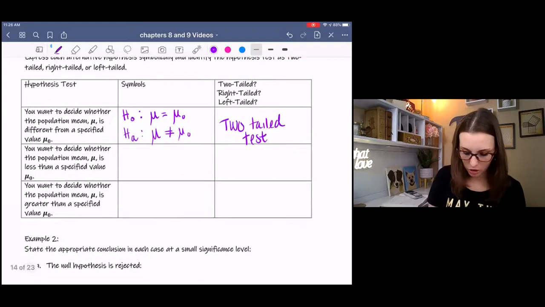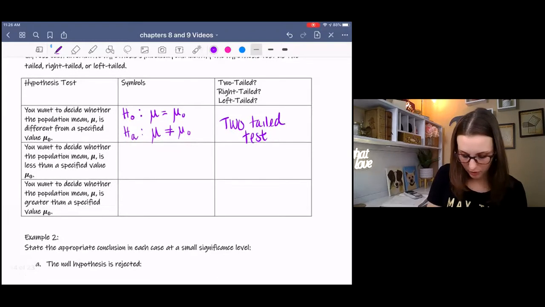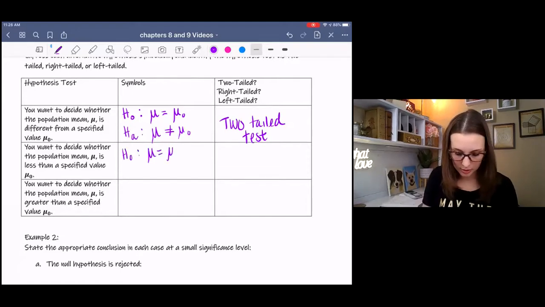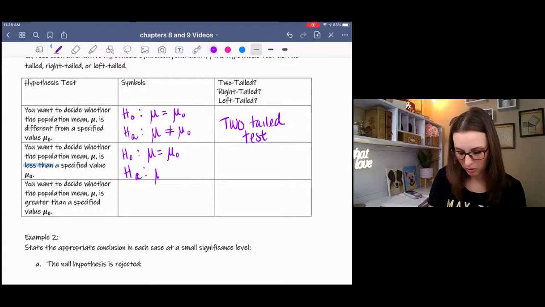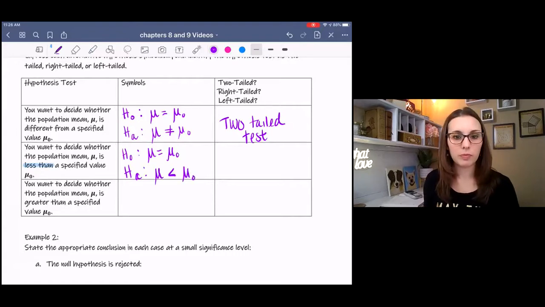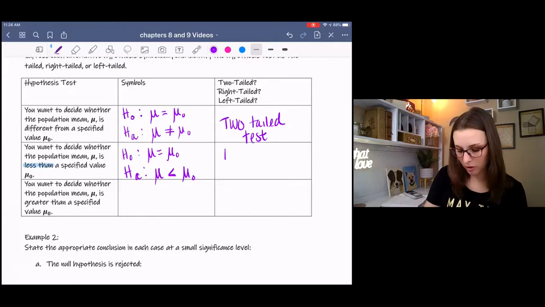So when you come back, you should have the null hypothesis. And then it says the population mean is less than a certain value. So that's our alternative, and less than would be a left-tailed test.